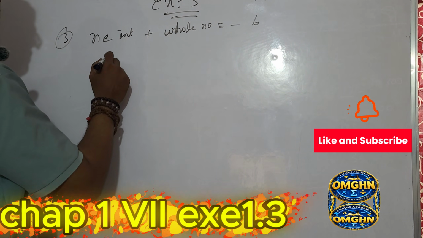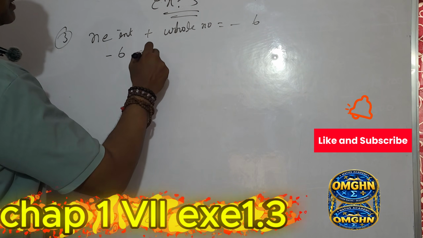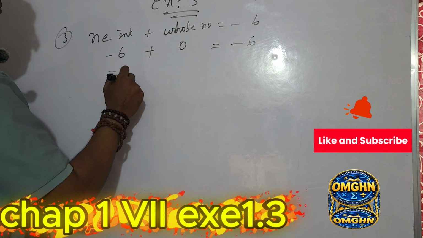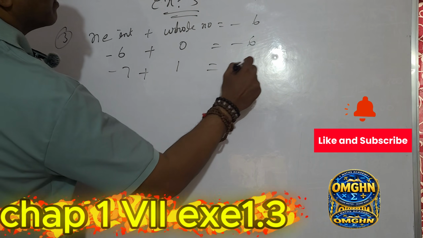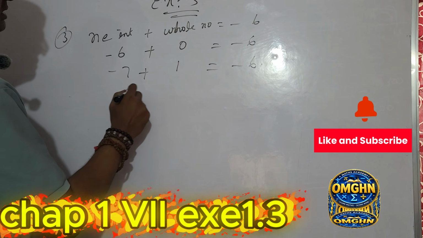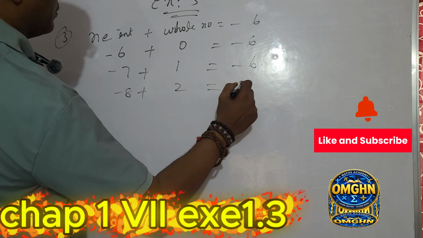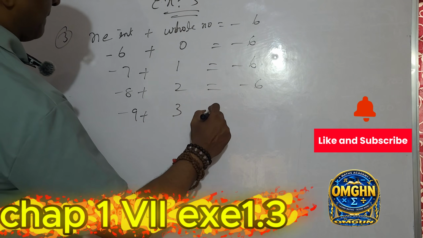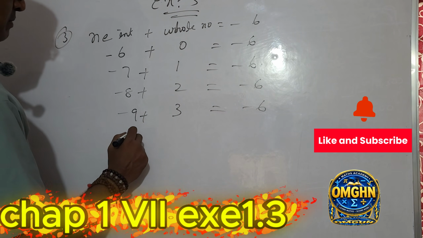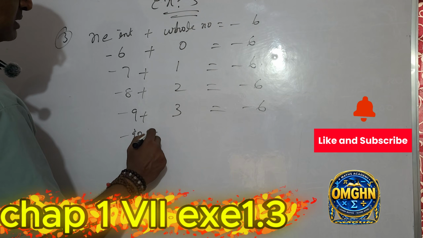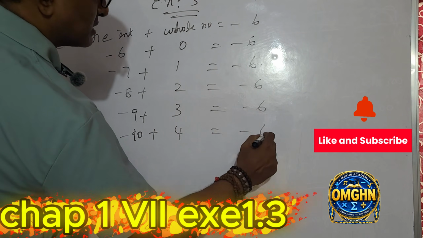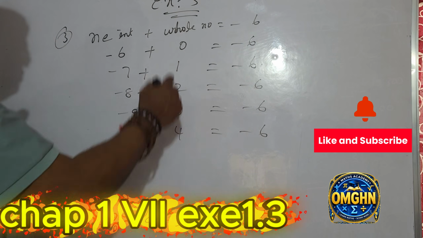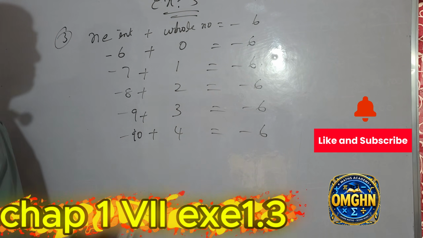That is, first of all, I am taking -6 plus whole number 0, -6. -7 plus 1, -6. -8 plus 2, -6. -9 plus 3, -6. -10 plus 4, -6, and so on. So negative integers plus whole numbers, if we are adding, we are getting -6 only.